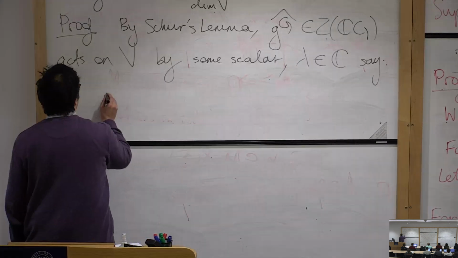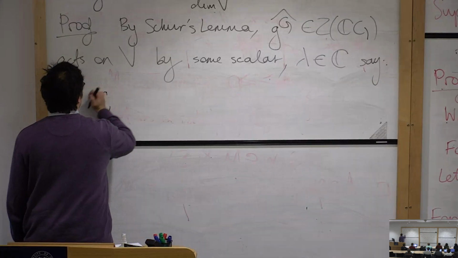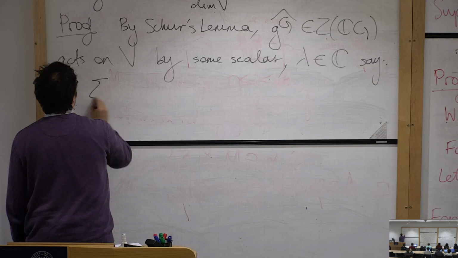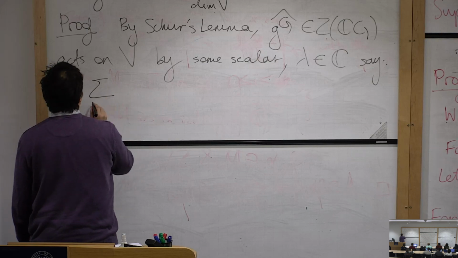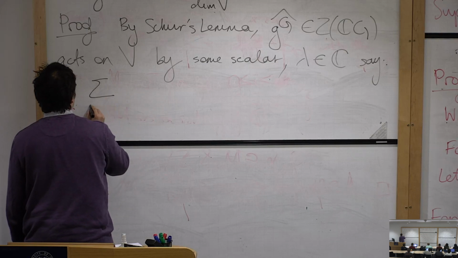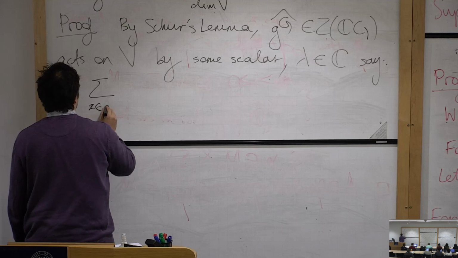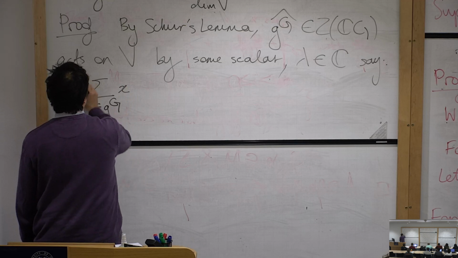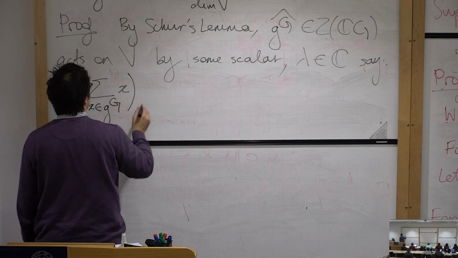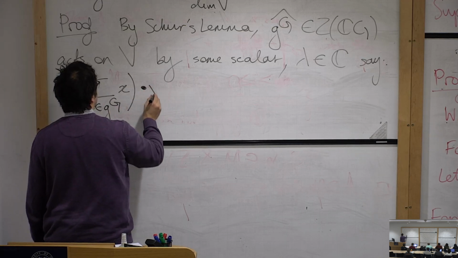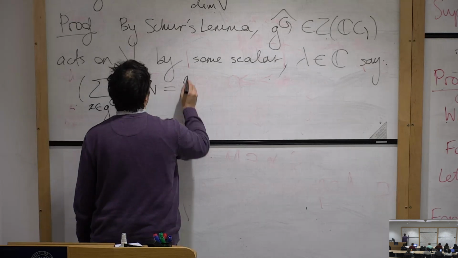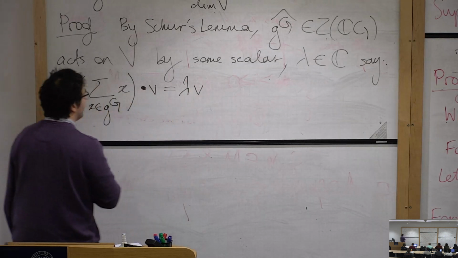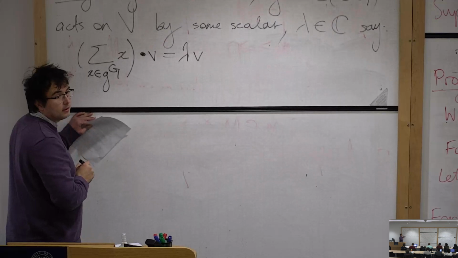So take some x in the conjugacy class. That's a group ring element, sorry, and it acts on every vector just by multiplying by lambda. Take traces.